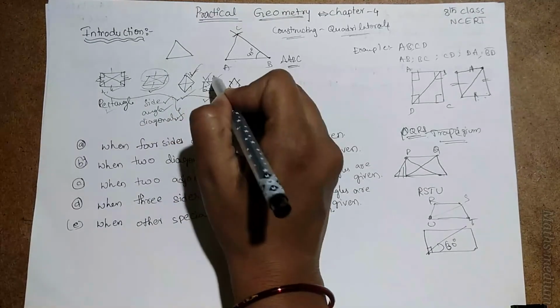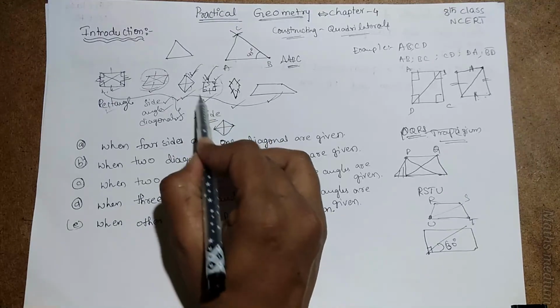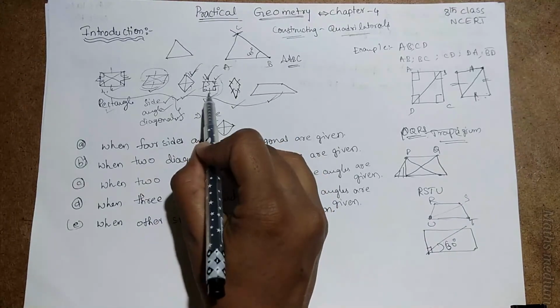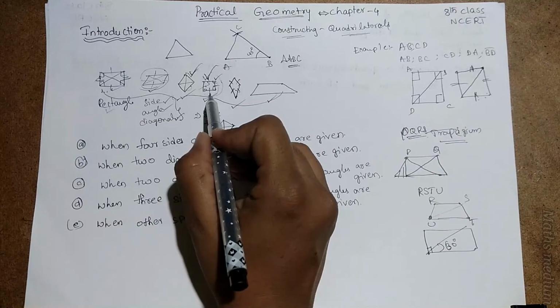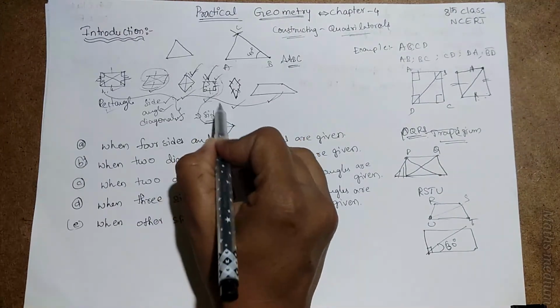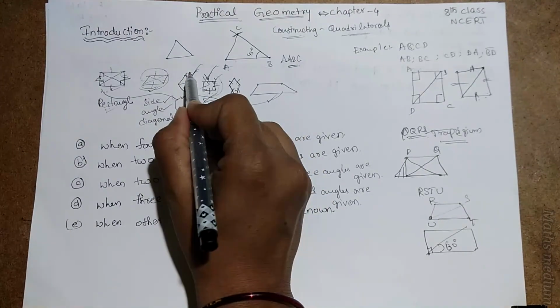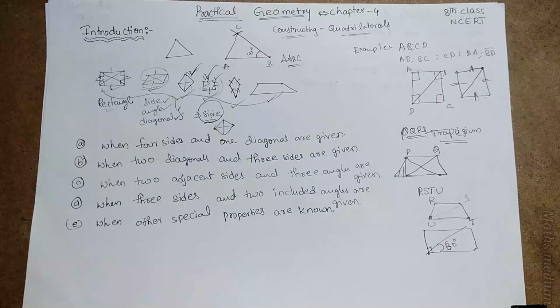One is the rhombus and the other one is the square. If one side is given, we can construct a square easily because all sides are equal in a square, and also we have 4 right angles in a square, so we construct it easily with the one side. Next, coming to the rhombus also, this is the easiest way to construct a quadrilateral with a rhombus also.